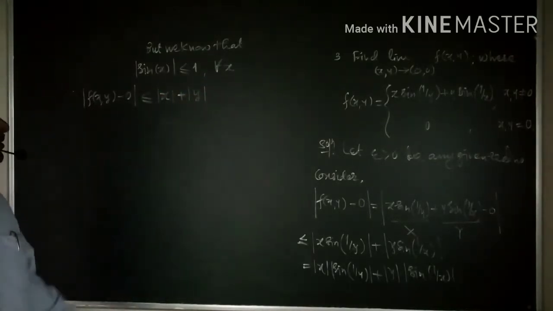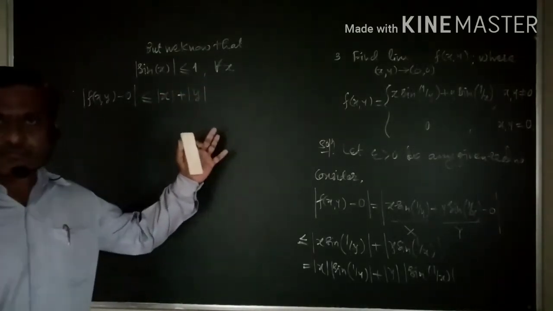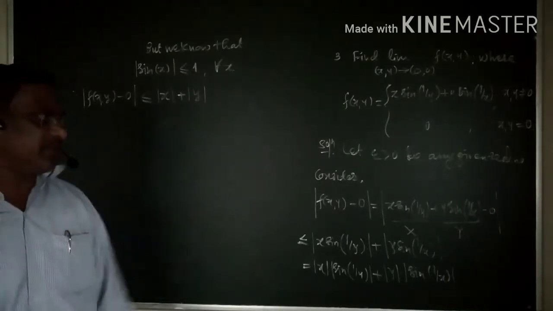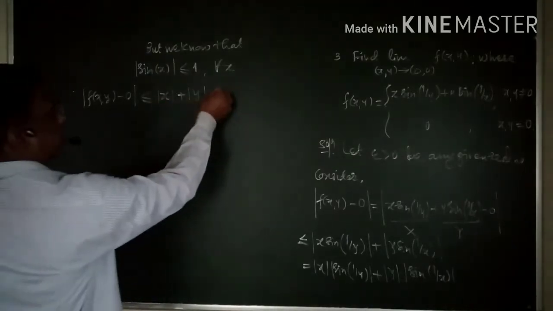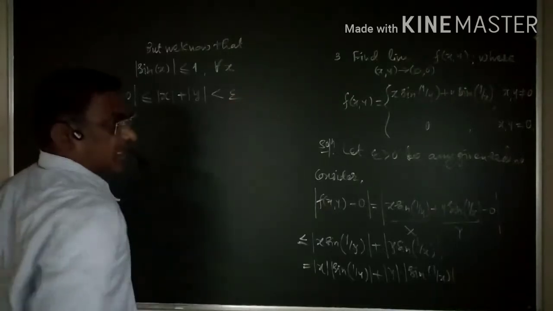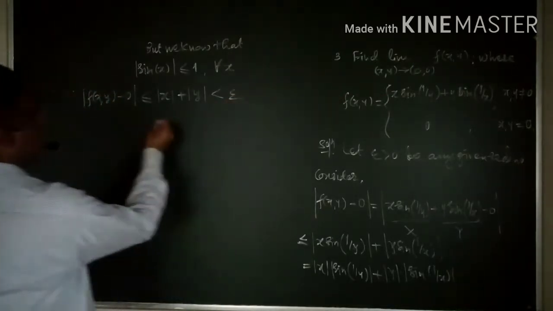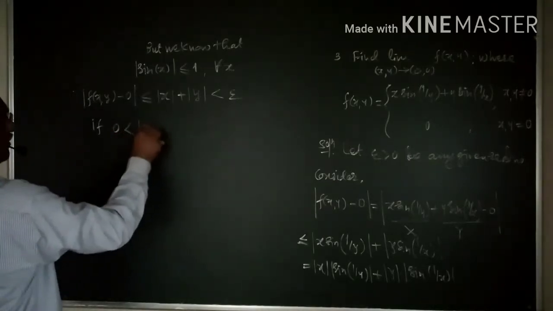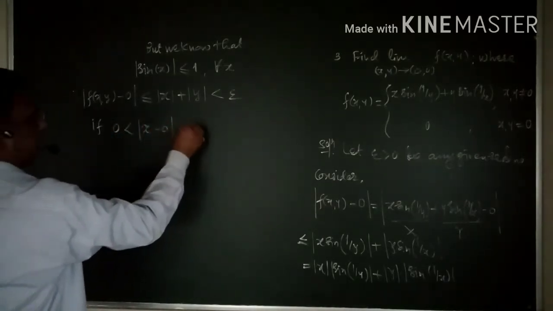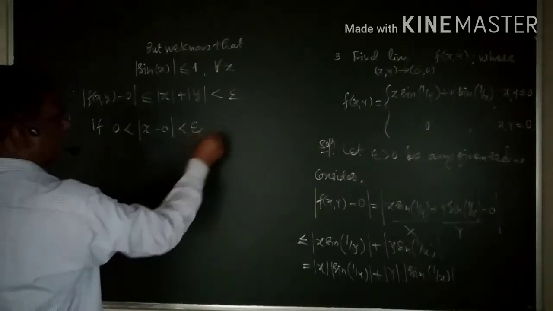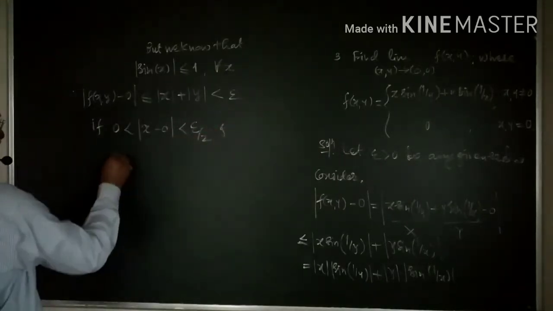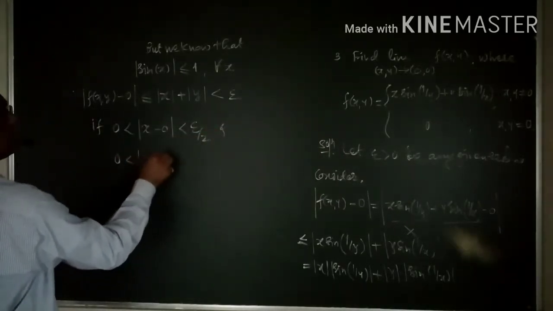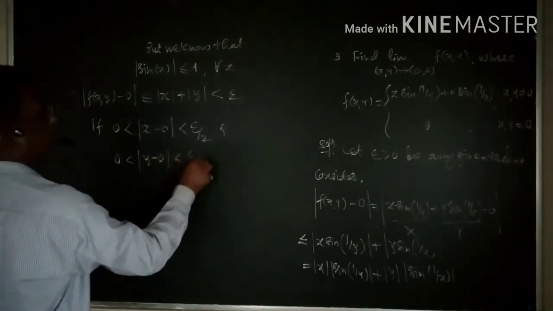And now, as usual, as in the previous example, we say that this will be less than epsilon if 0 is less than absolute value of x minus 0 less than epsilon by 2, and 0 less than absolute value of y minus 0 less than epsilon by 2.